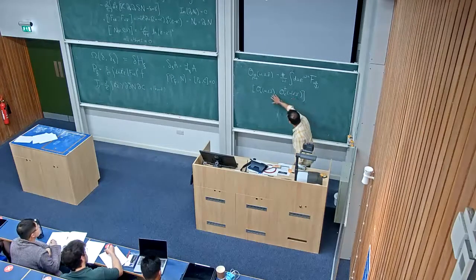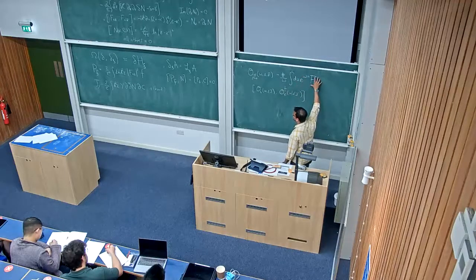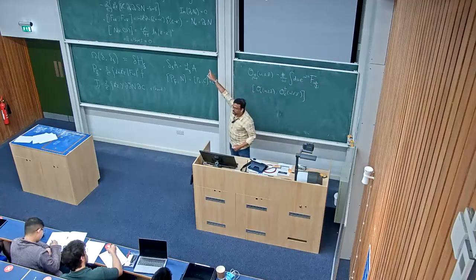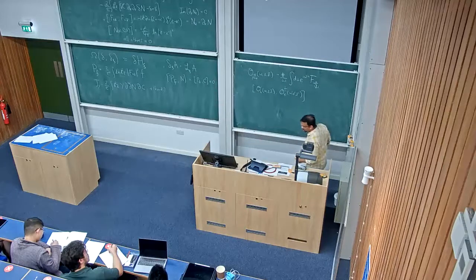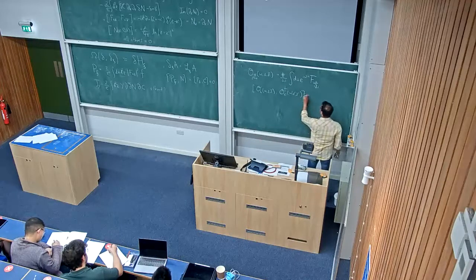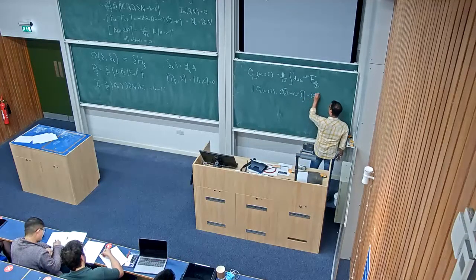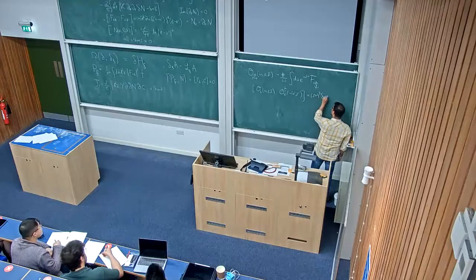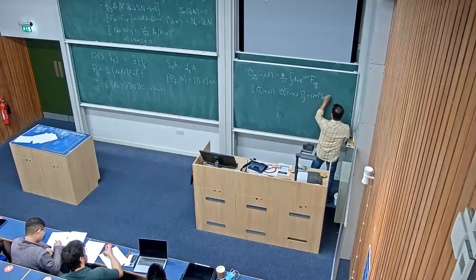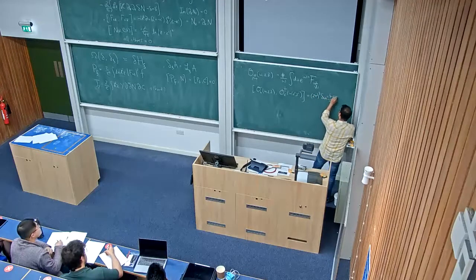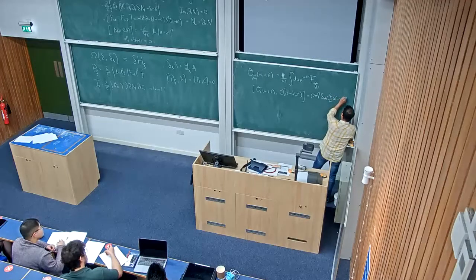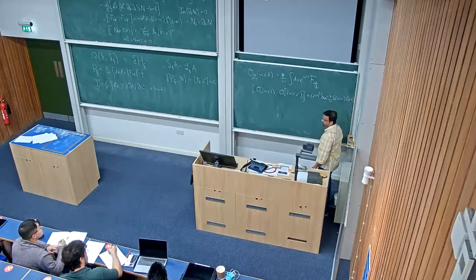You replace each of these with the Fourier transforms, you get a commutator of the f's, then you just use that algebra over there and do the omega integrals. What you get, okay.